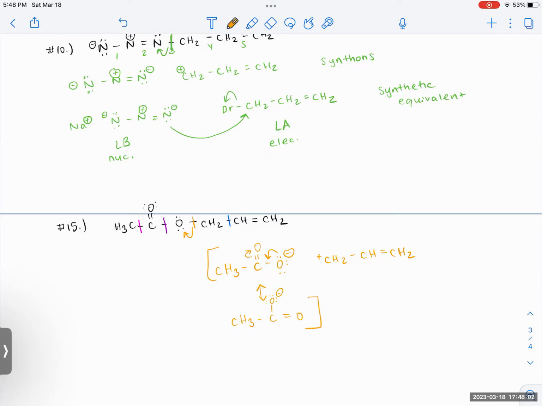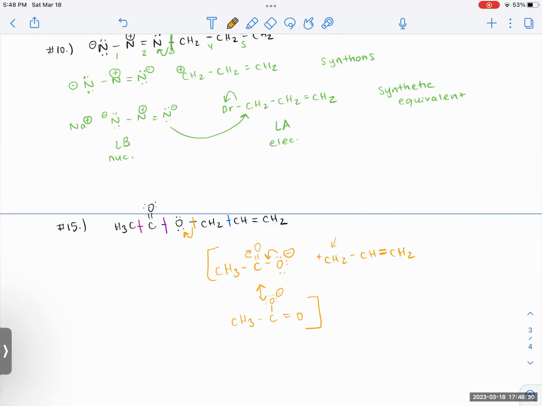And here is just an excellent place to put a leaving group like bromine. It's also the allylic position because we've got this double bond here.